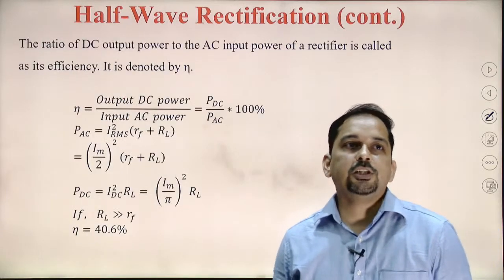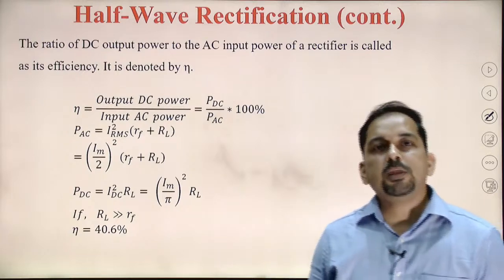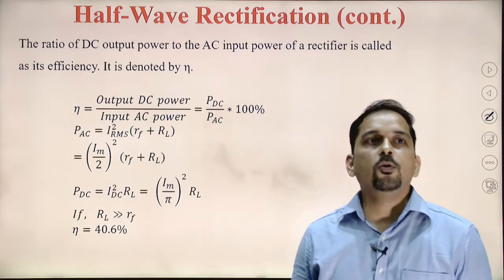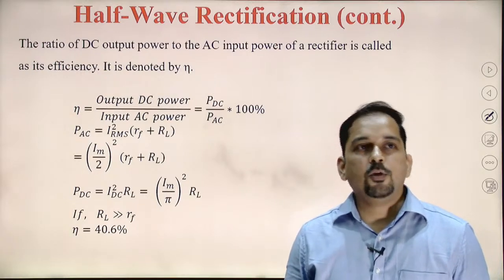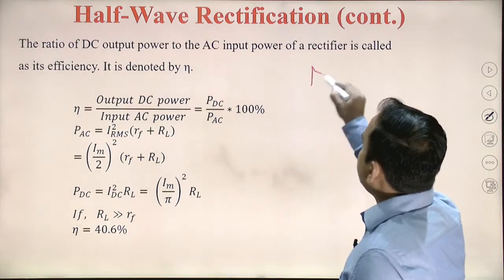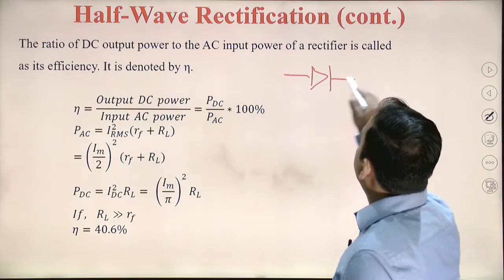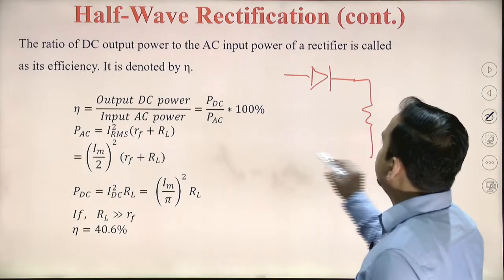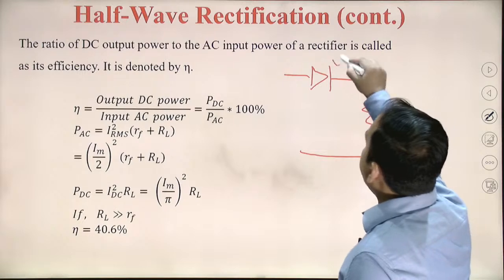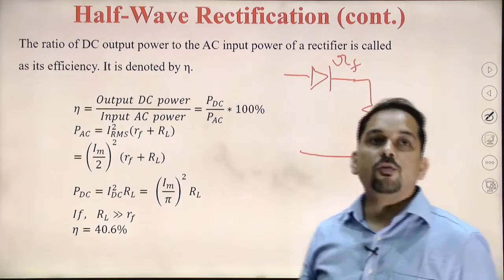Next is the efficiency. The efficiency is defined as the ratio of the DC output power to the input AC power. In the half wave circuit, we have a load resistance RL, and let's say small rf is the forward resistance of the diode.